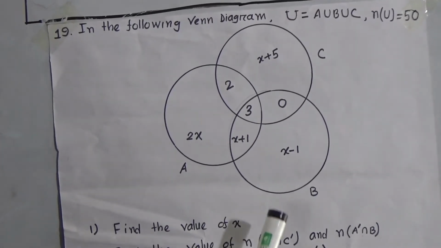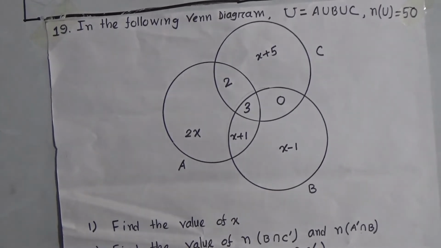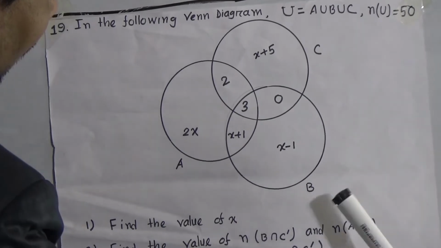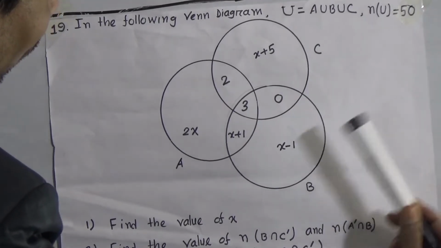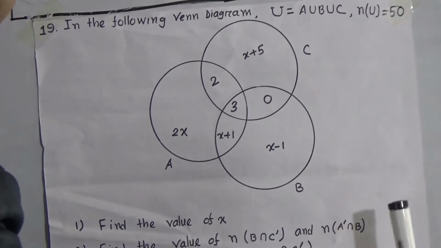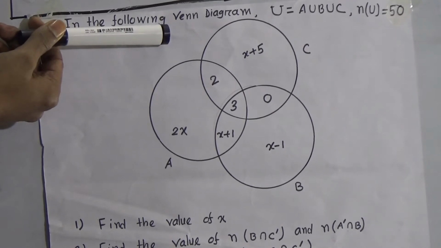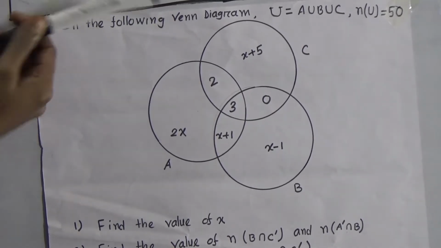In set B, the elements are 3, 0, x plus 1 and x minus 1. And in set C, the elements are 2, 3, x plus 5 and 0.